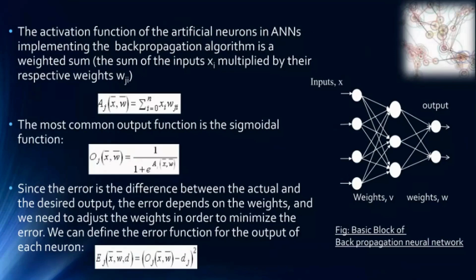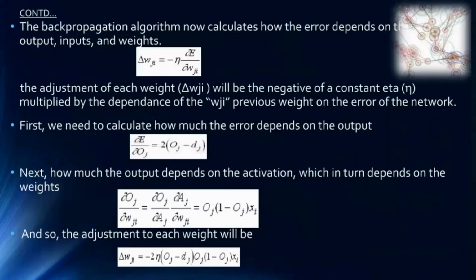Since the error is the difference between the actual and the desired output, the error depends on the weights, and we need to adjust the weights in order to minimize the error. We can define the error function for the output of the neuron. The backpropagation algorithm now calculates how the error depends on the output, input, and weight.